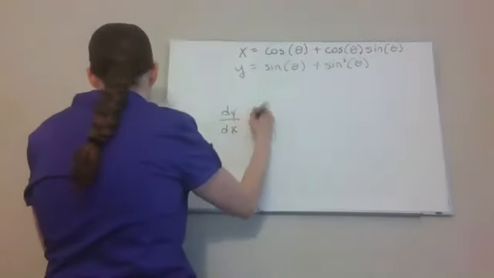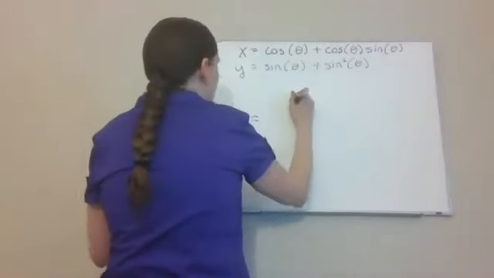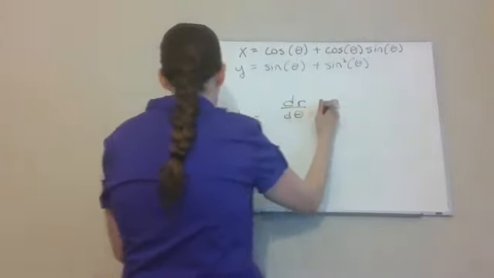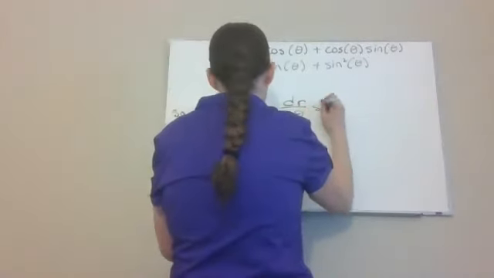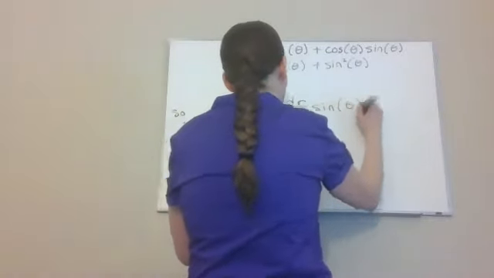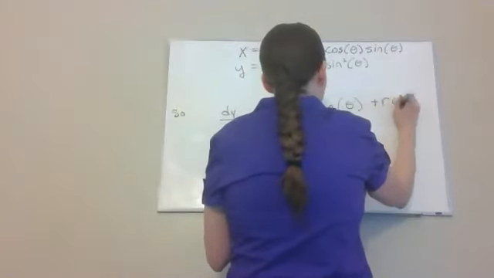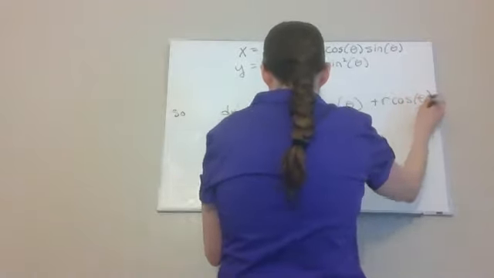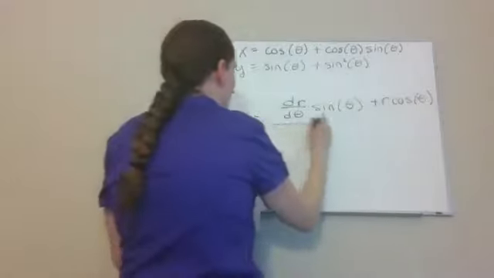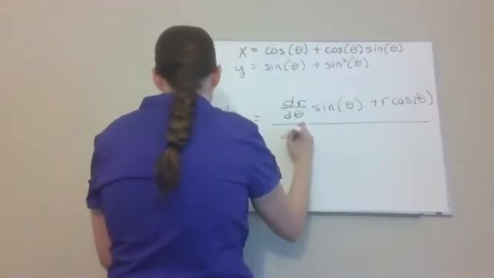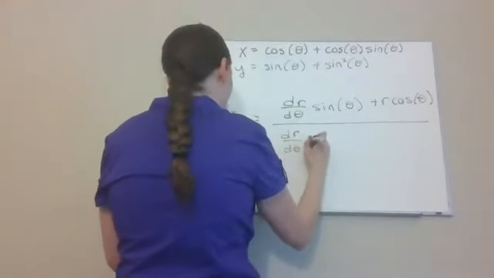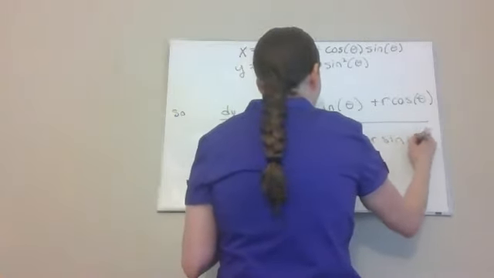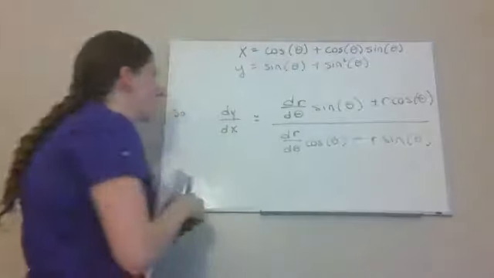My dy/dx, remember, is equal to dr/d theta times sine theta plus r cosine of theta, over dr/d theta cosine theta minus r sine theta. So I have a couple different options.